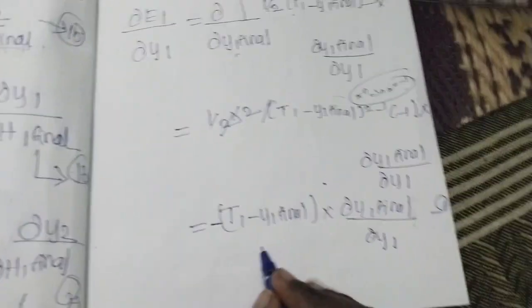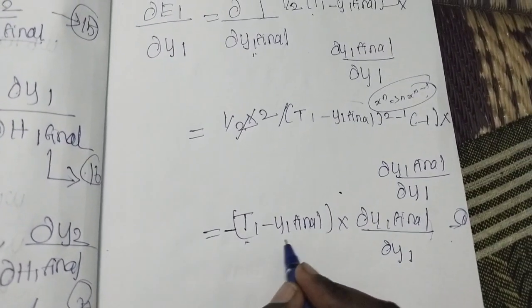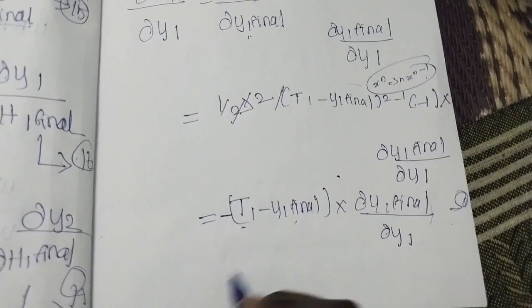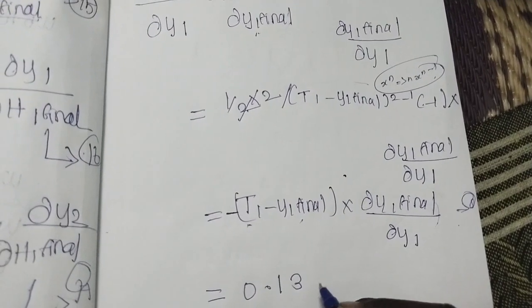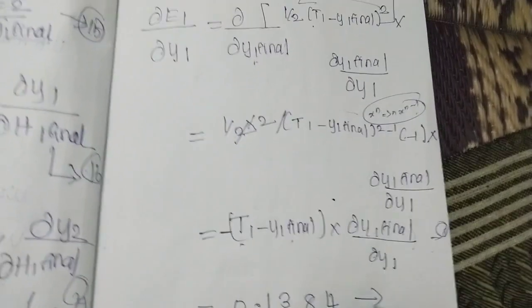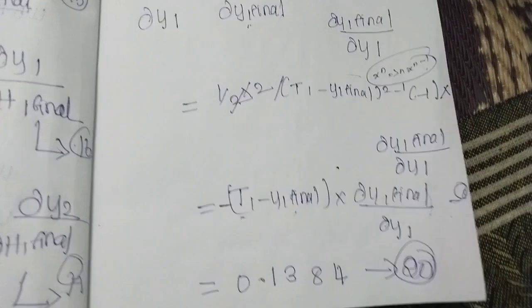Substitute the values for t1 and y1 final, and finally you get 0.1384 something. So this is equation number 20.